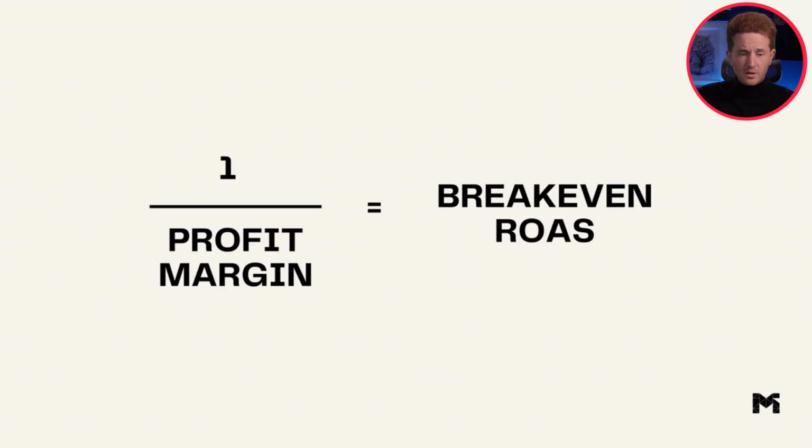Now, your break-even return on ad spend is different than your break-even CPA. Your break-even CPA was simpler. I just need to know my revenue, how much I charge for the thing and how much the thing costs, and I subtract the cost of the thing from how much I charge for it, and that's my break-even CPA. That's how much I could spend, zero.